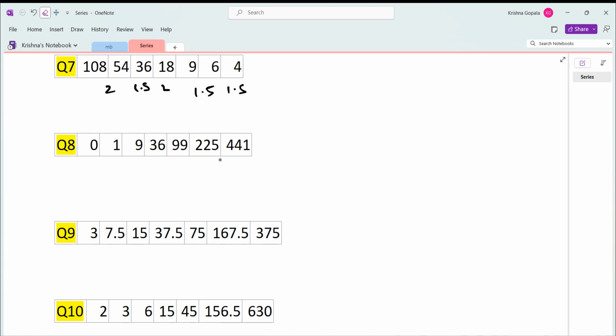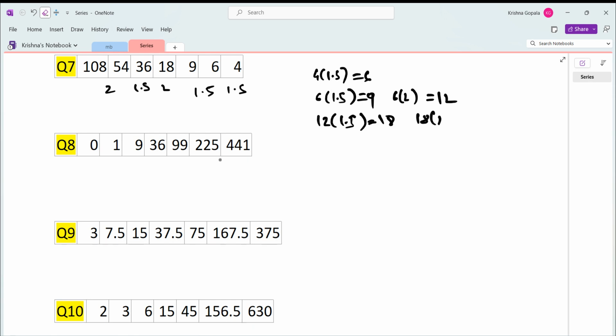Let's go from the right. 4 into 1.5 is 6. 6 into 1.5 is 9. But 6 into 2 should have been 12. Then 12 into 1.5 would have been 18.